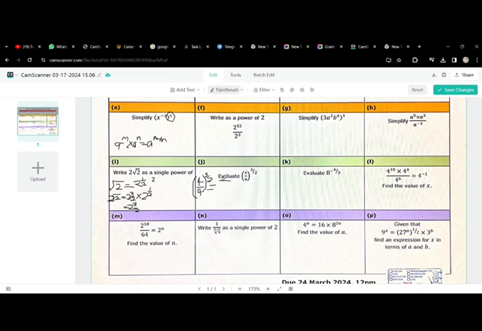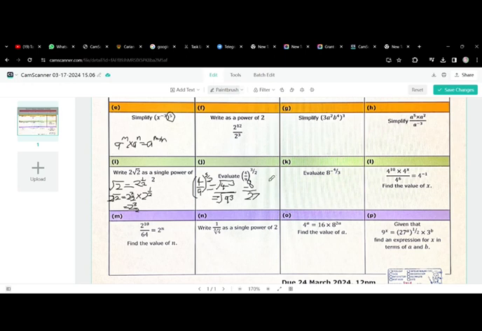So it's square root of 4 cubed over square root of 9 cubed. So this will equal to 8 over 27. Since square root of 4 is 2 and square root of 9 is 3. 2 power of 3 equals 8 and 3 power of 3 equals 27.